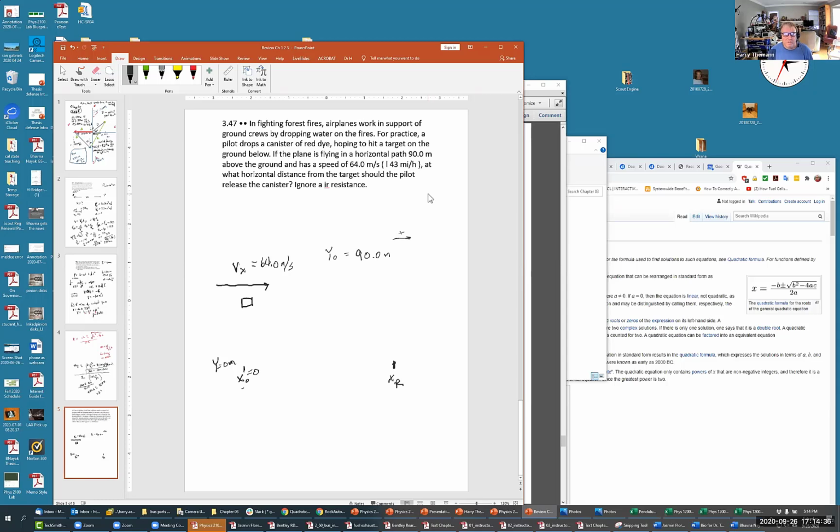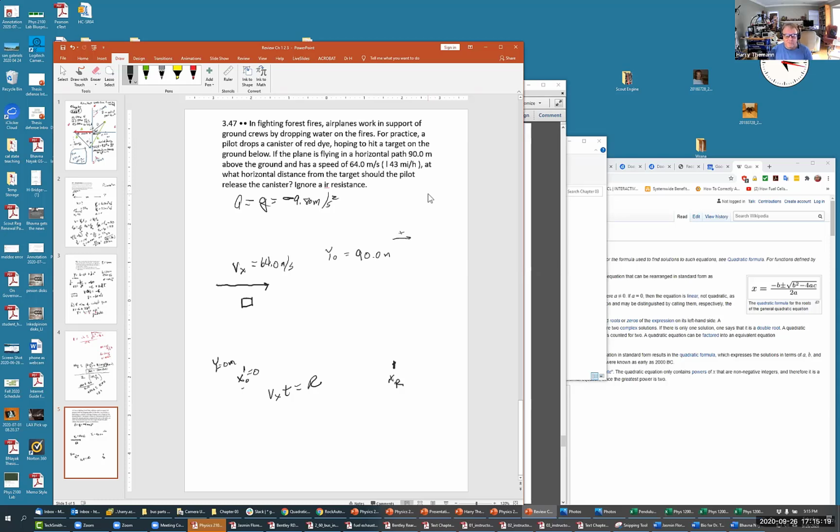This is straightforward. Remember, y gets you time. We know our v sub x, so v sub x times t will get us our range. But t is unknown. They tell us there's no air resistance, so a is going to equal g, which is negative 9.8 meters per second squared.